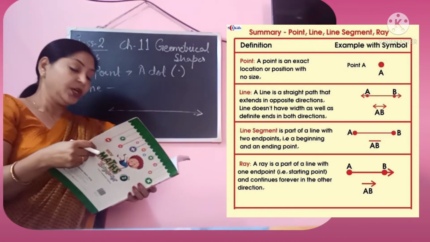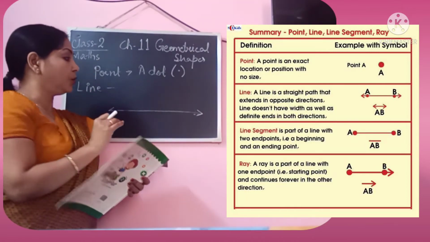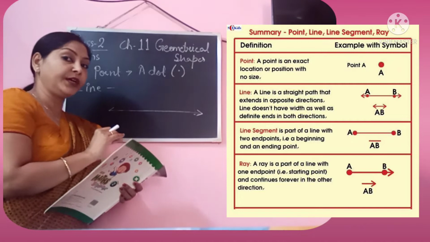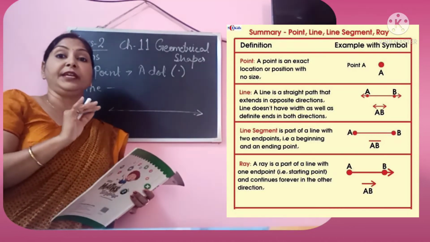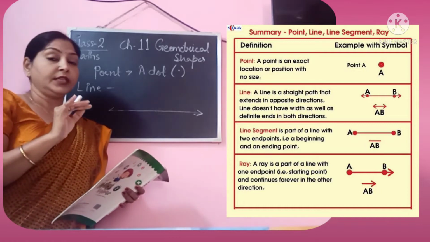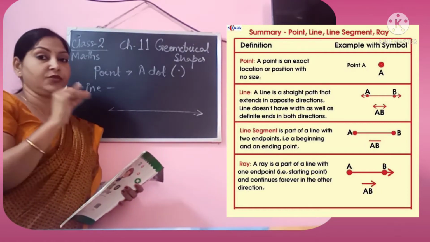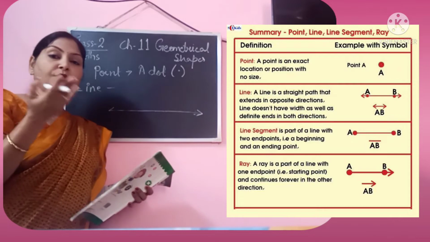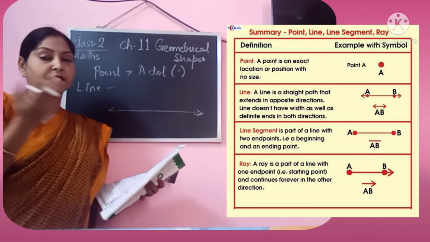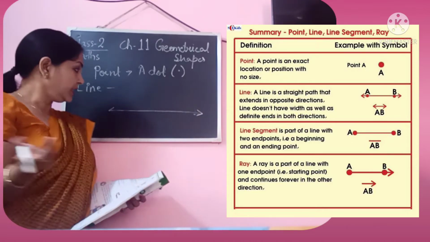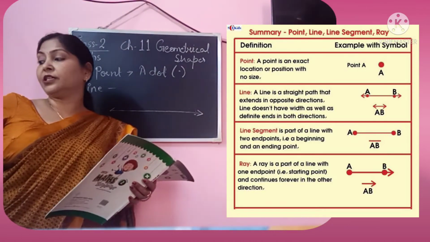Why do we give the two arrows on both sides? Because a line also does not have any definite length. There is no start point of a line, there is no end point of a line. We don't know where the line has started and where it has ended. So we don't know its definite length. That is why we call a line a straight path.